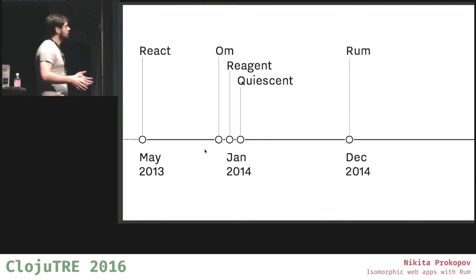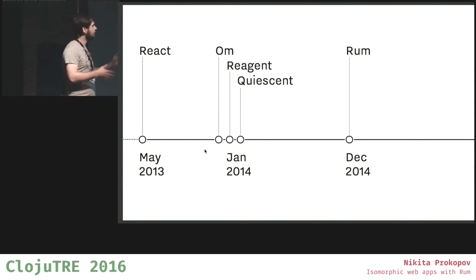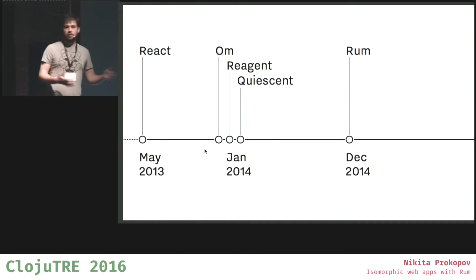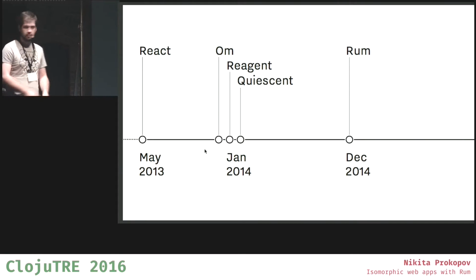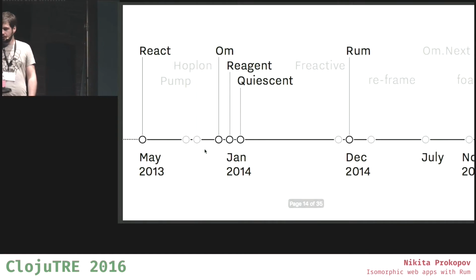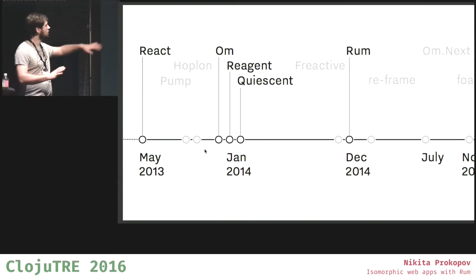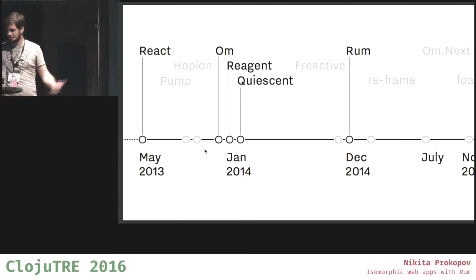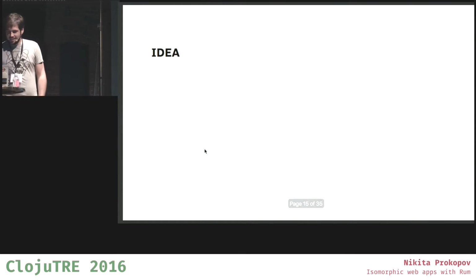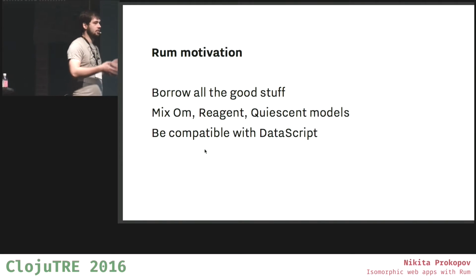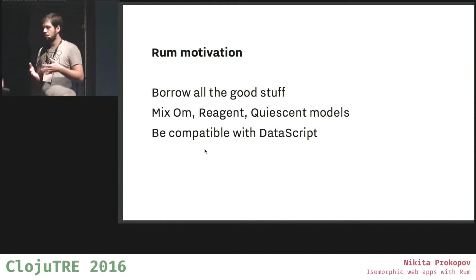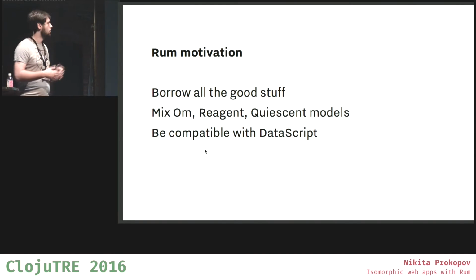Rum arrived at this stage very late, and all three of these frameworks are great. They have great ideas, but still something was missing. This is a full timeline, just if you're interested. And the idea of Rum was that I really like all the stuff in all three of these big frameworks, but I didn't want to commit to one idea and ditch the others, right?